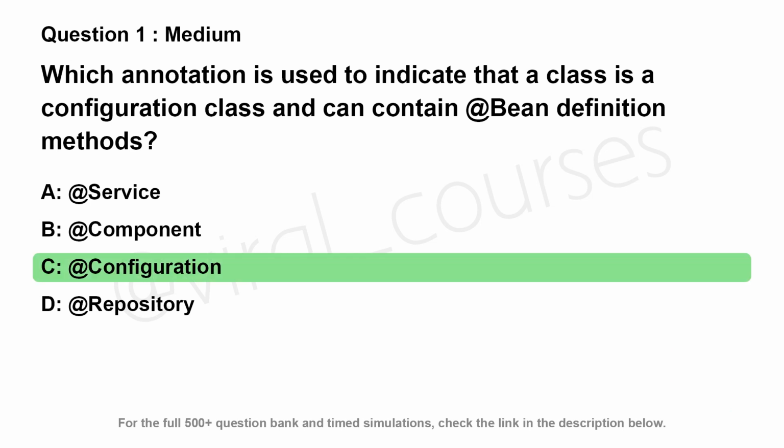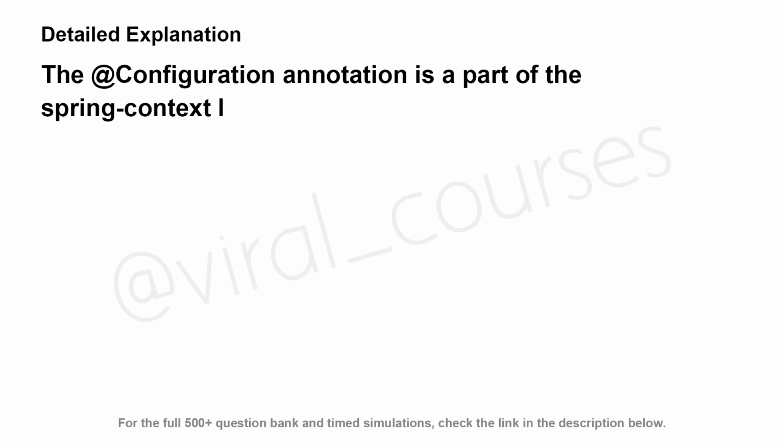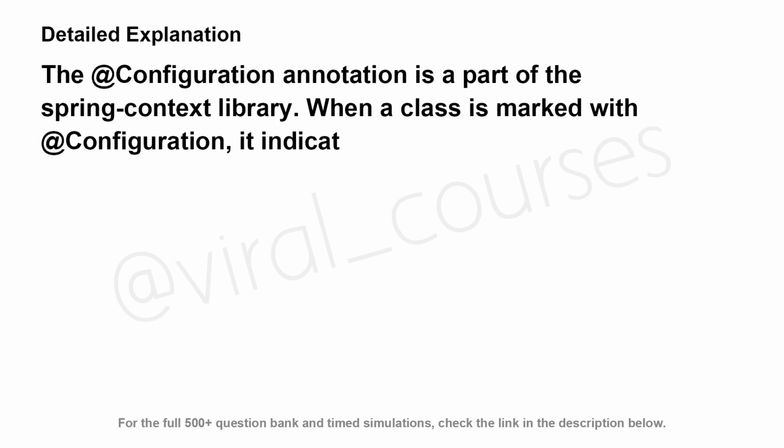The correct answer is C. The @configuration annotation is a part of the Spring Context Library. When a class is marked with @configuration, it indicates that the object is a source of bean definitions.